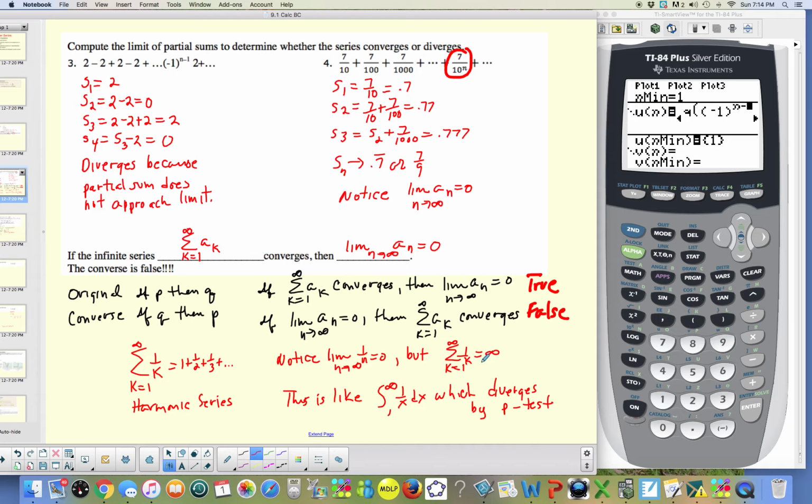The way to convince you of that is to remind you that this is very similar to the integral from 1 to infinity of 1 over x dx, this improper integral that we've talked about before. This improper integral diverges through the p-test, because that power, x to the power 1, is diverging.